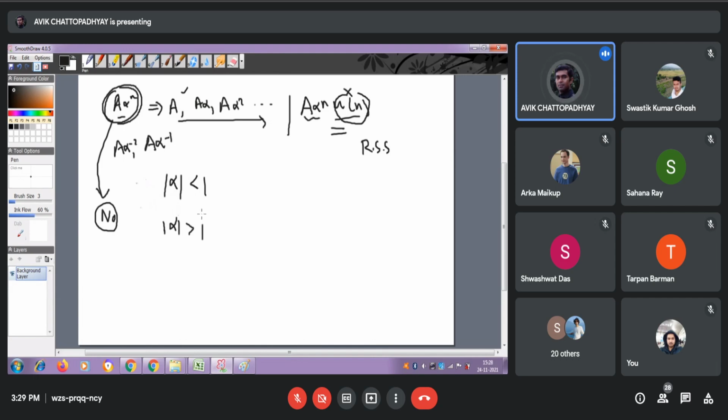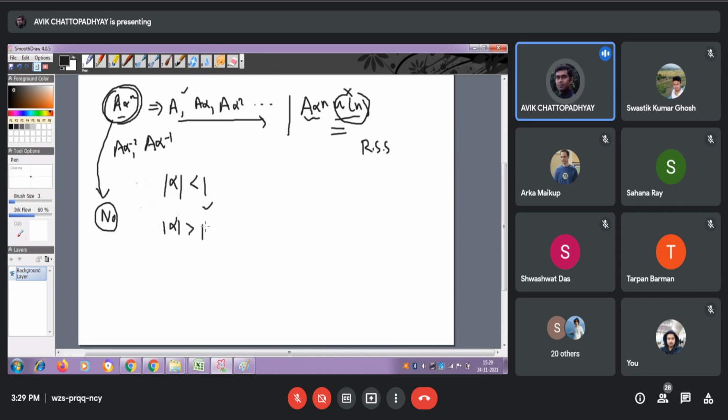If it is less than 1, then the right side is bounded, but the left side is unbounded. But this signal in general has both sides, left and right. So either side will be unbounded, depending on the value of alpha. Whatever alpha you choose, either one side will be unbounded, either right or left. So in general, you can say that it is not a bounded sequence.